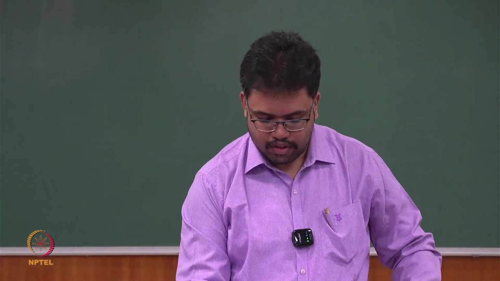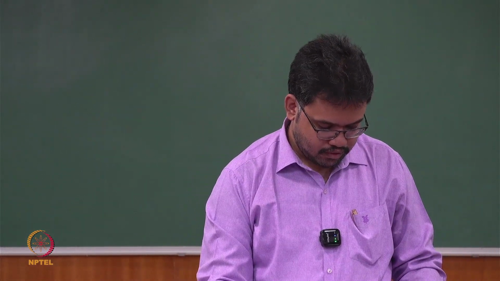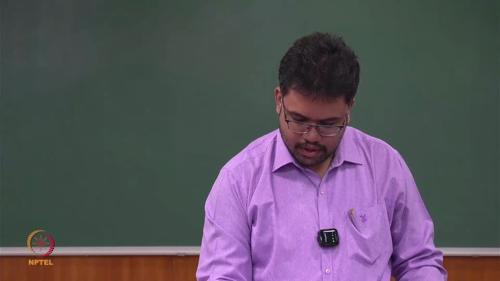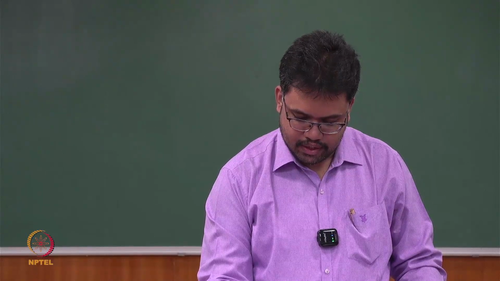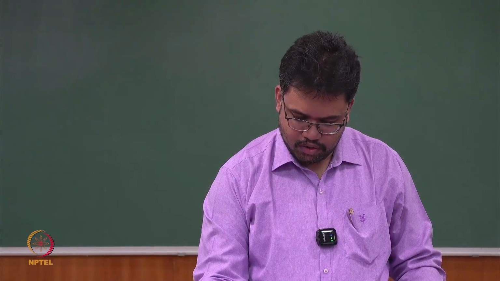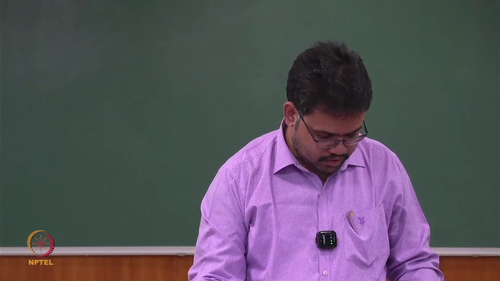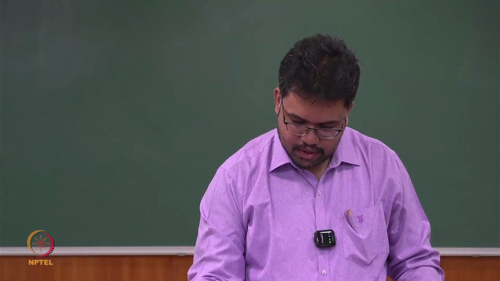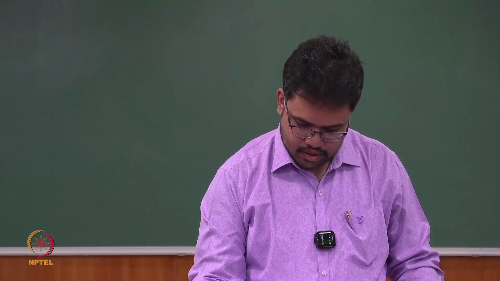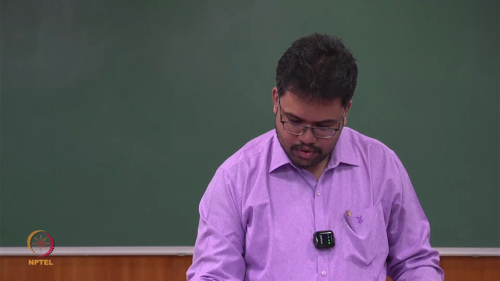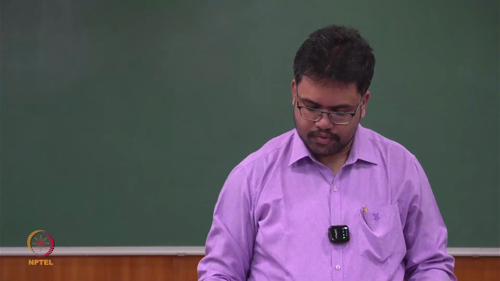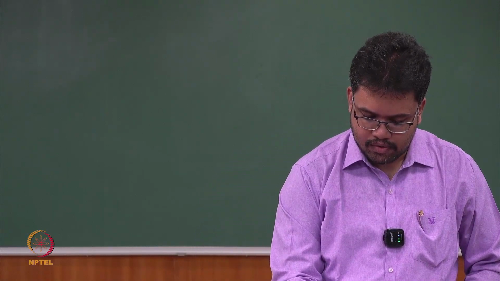Okay, that was condensed as xi plus delta t xi dot plus delta t square by 2 xi double dot plus beta times delta t cube xi triple dot. And what about this one?